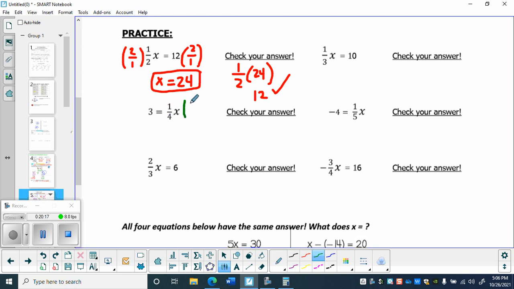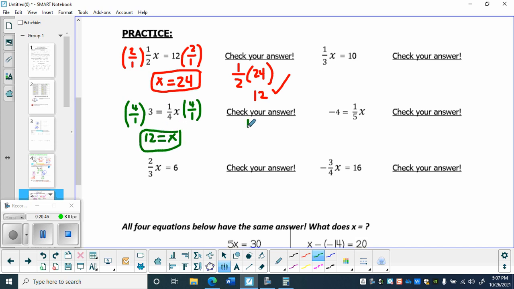So we're going to multiply both sides by a 4 over 1. And again, my parentheses, 4 over 1. I like to use parentheses at this point because I don't want to get confused with this x being a variable or a times sign. So 3 times 4 is 12 over 1, so that's just a 12. And we have solved for x. We simply multiplied both sides by the reciprocal.